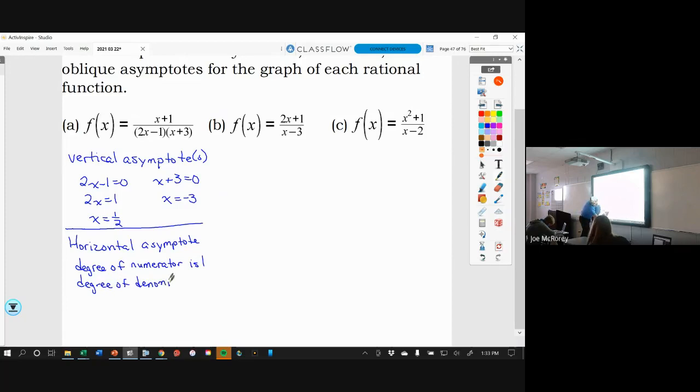Why? Because when you FOIL out 2x minus 1 and x plus 3, you get 2x squared. So the leading term on the denominator is 2x squared. And because it's squared, it's degree 2. Where'd you find that? The bottom, if you multiply it together, FOIL it. Okay. 2x times x is 2x squared.